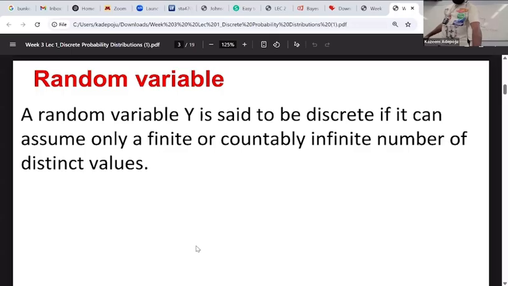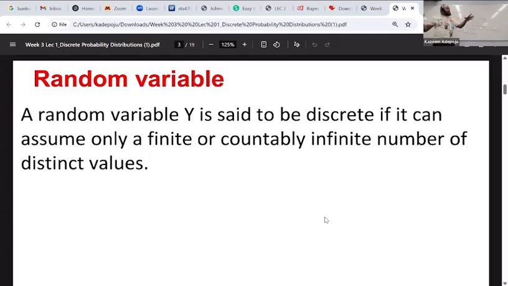Now, away from that, we have two types of random variable. We have discrete random variable and we have continuous random variable. Today we're going to be focusing on discrete random variable.